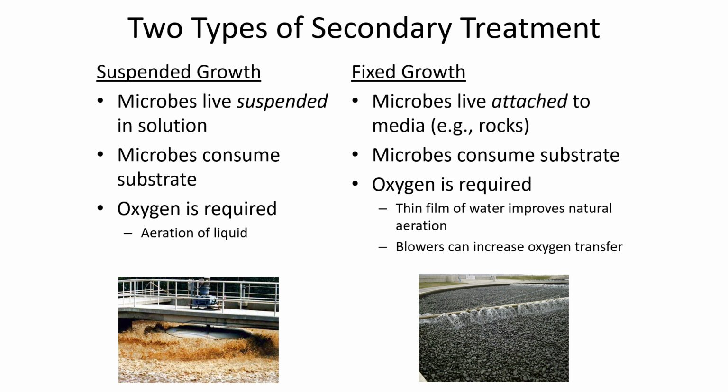Fixed growth is where instead of floating around in a tank, the microorganisms are actually living on a surface as a film. That thin film, which is fixed on rock or plastic or sheets, has water sprayed over it.